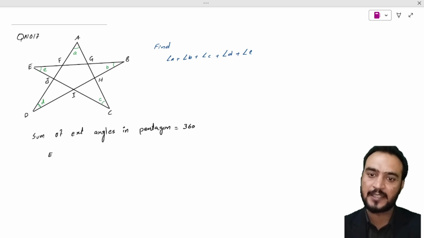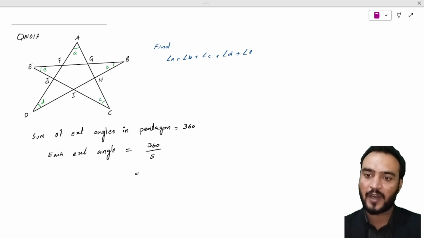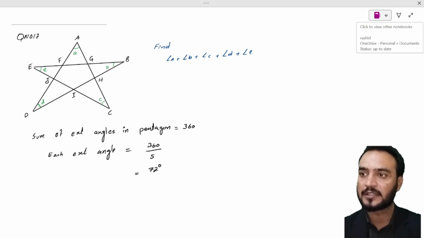So each exterior angle is equal to 360, the sum of exterior angles, divided by 5. Dividing it by 5, we get 72 degrees. It means each exterior angle in a pentagon is equal to 72 degrees.